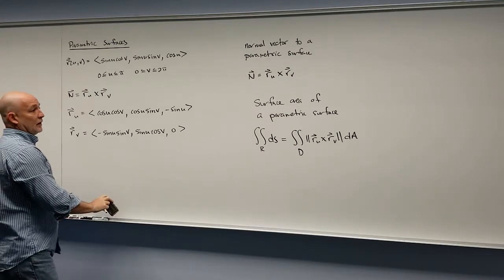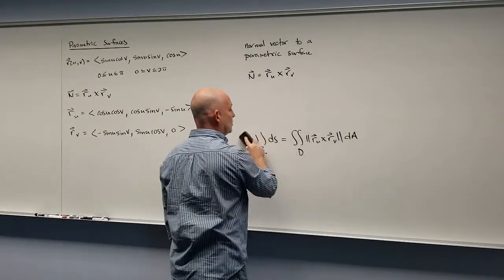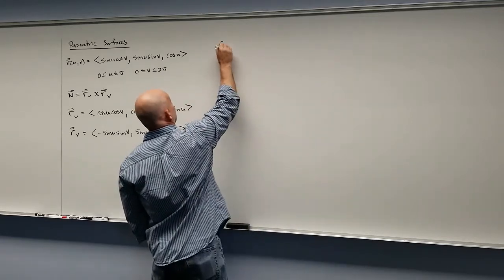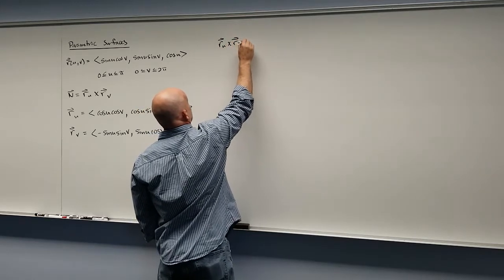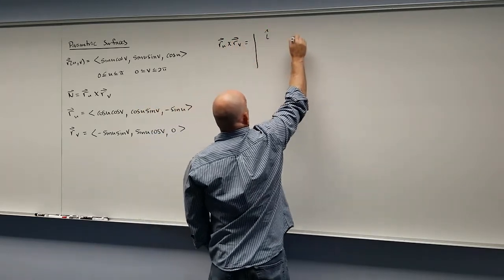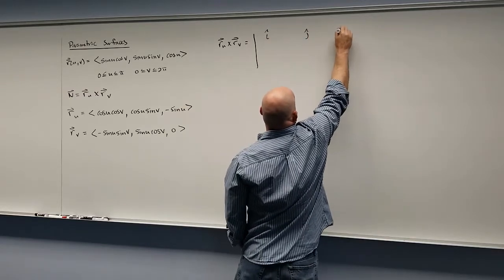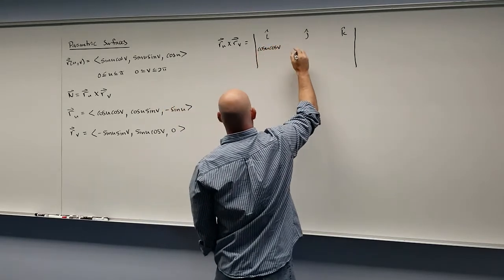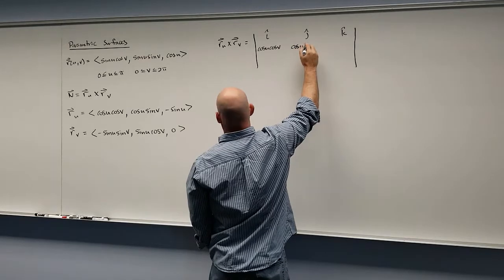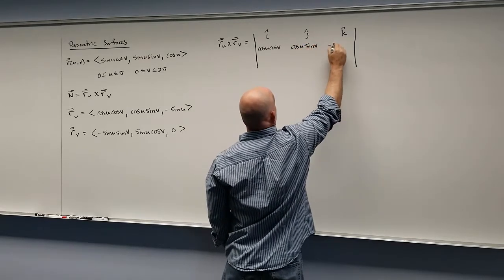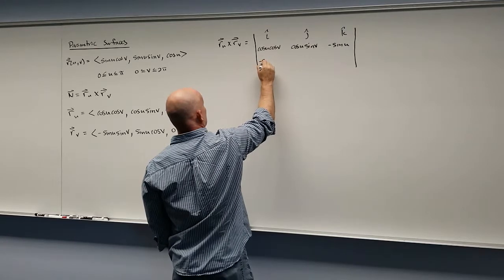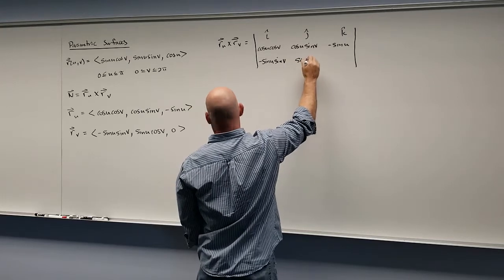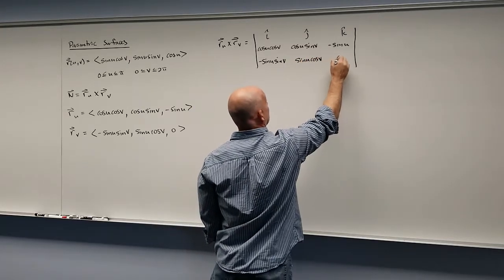All right, it's going to be kind of messy, but let's come over here and see if we can find the normal vector to this surface. So r sub u cross r sub v, i, j, k, gives us plenty of room here. So this is going to be cosine u cosine v, cosine u sine v, negative sine of u, sine u sine v, sine u cosine v, and 0.